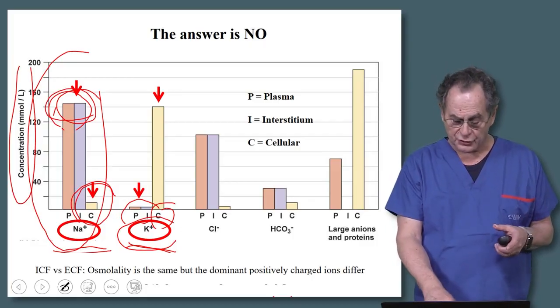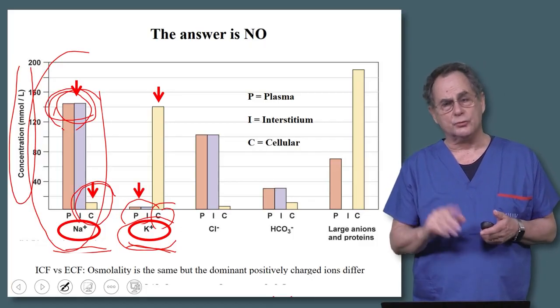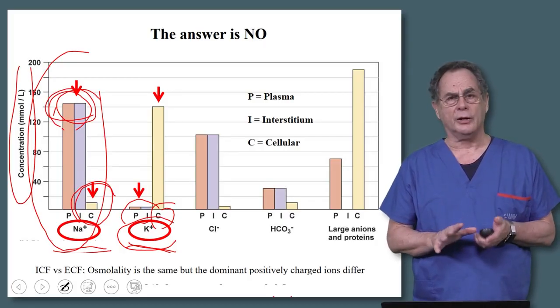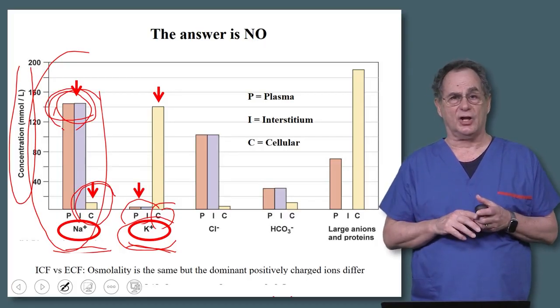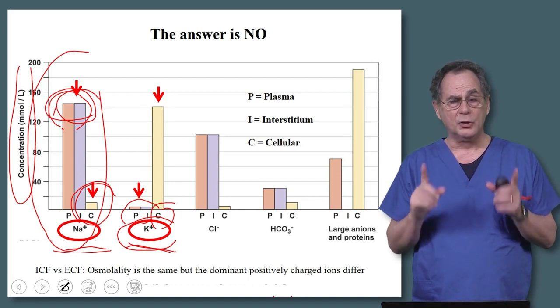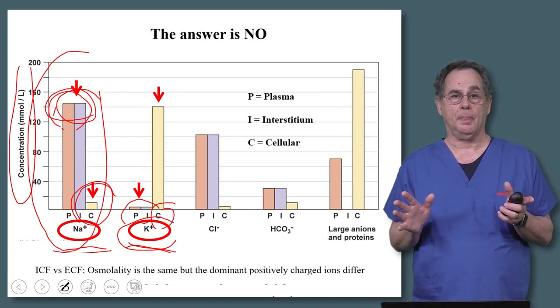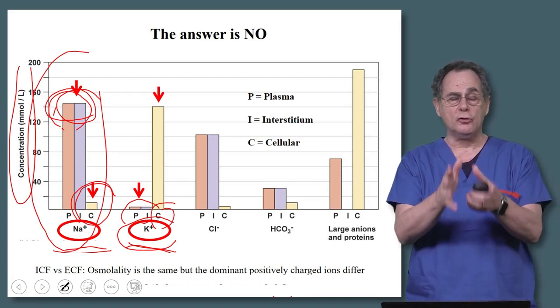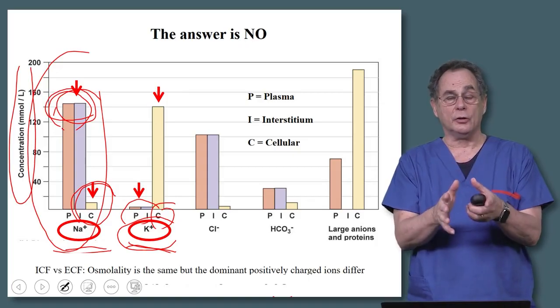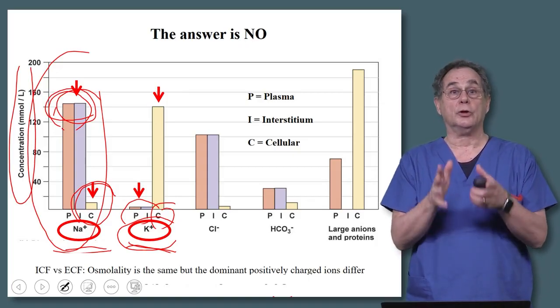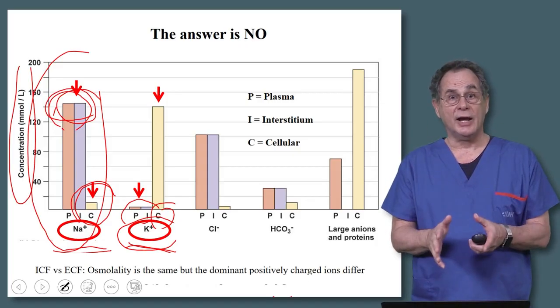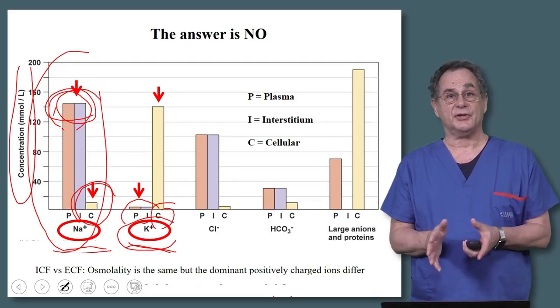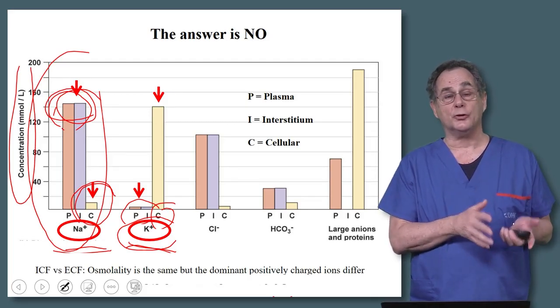And then there are differences in the chloride and bicarbonate concentrations that we're not going to concentrate on now. But the key message in this slide is that although osmolality is the same, the solutes that confer that osmolality differ depending on the body fluid compartment. Inside cells, potassium. Outside cells, sodium.